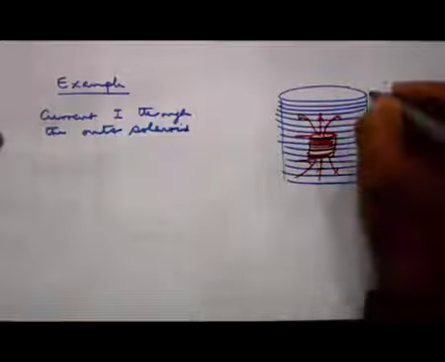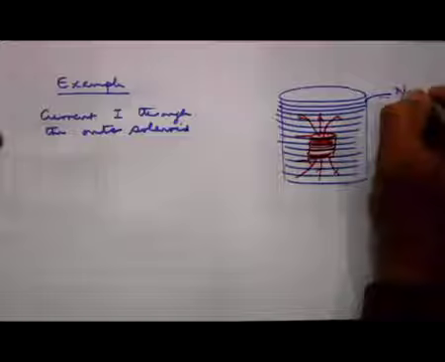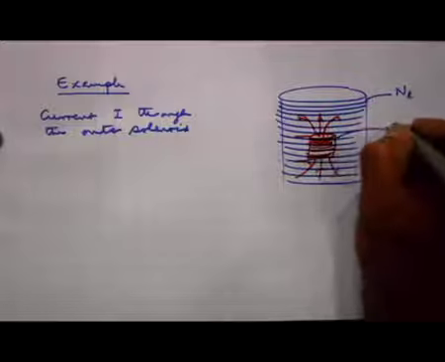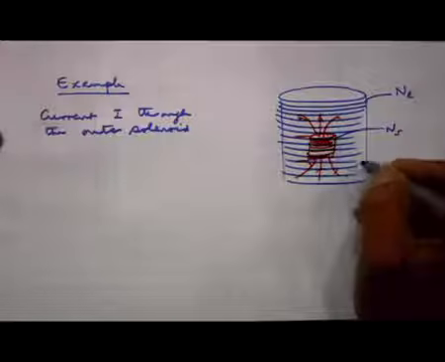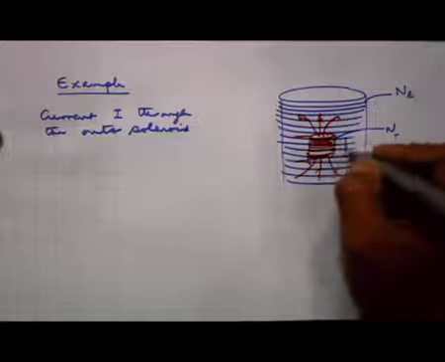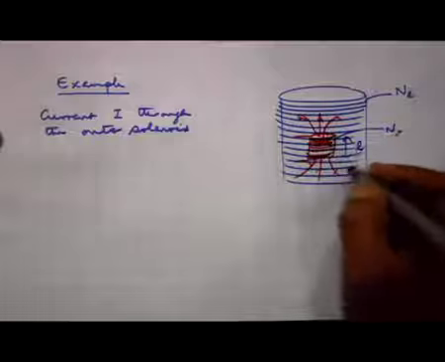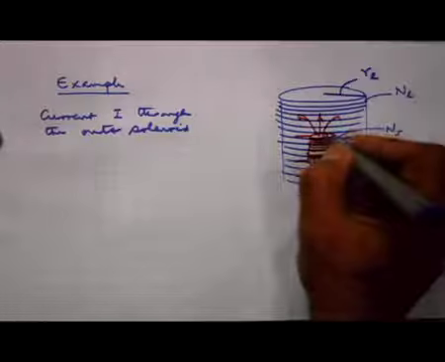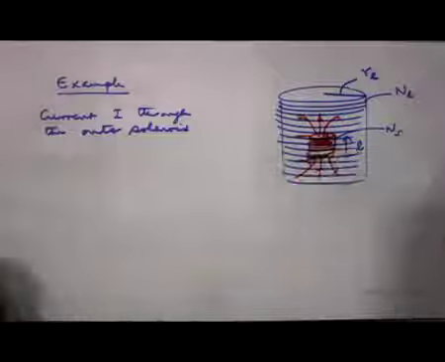let me write this as NL, the number of turns per unit length, and this is NS, the number of turns per unit length of the shorter solenoid. Let me assume this length is L, and let me assume that the radius of the long solenoid is RL and the short solenoid has the radius RS.